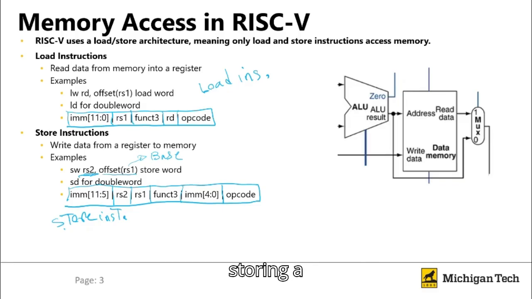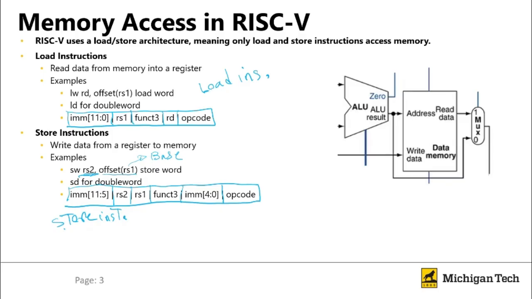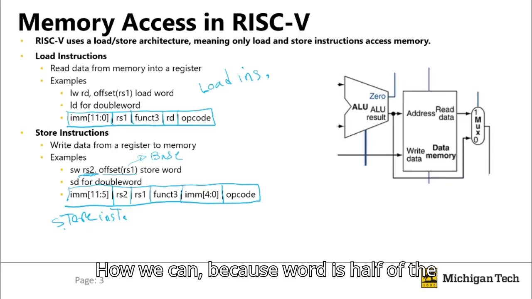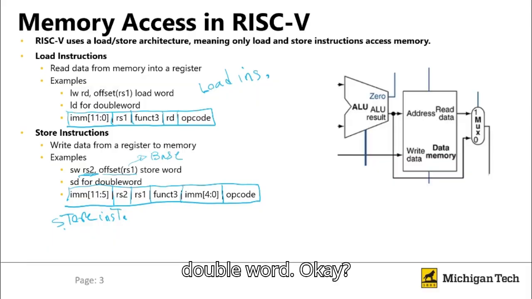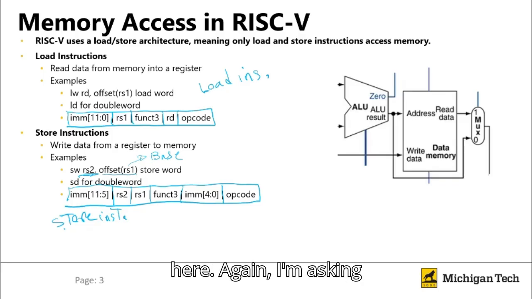We are storing a register that is 64-bit to the memory, but we are using a store word. How can we, because a word is half of the double word? So how does that work? Any idea? There is a little contradiction here. Again, I'm asking: we are writing a double word register using a word store.